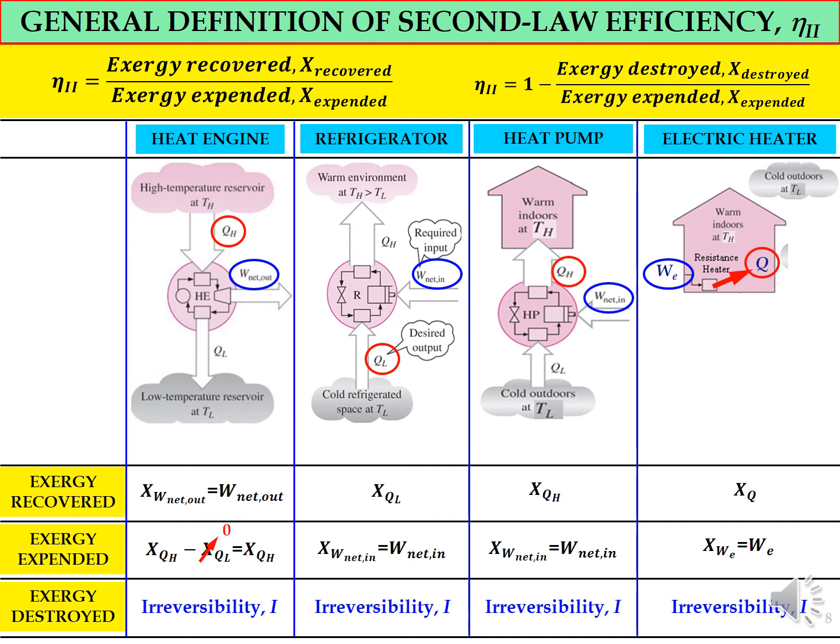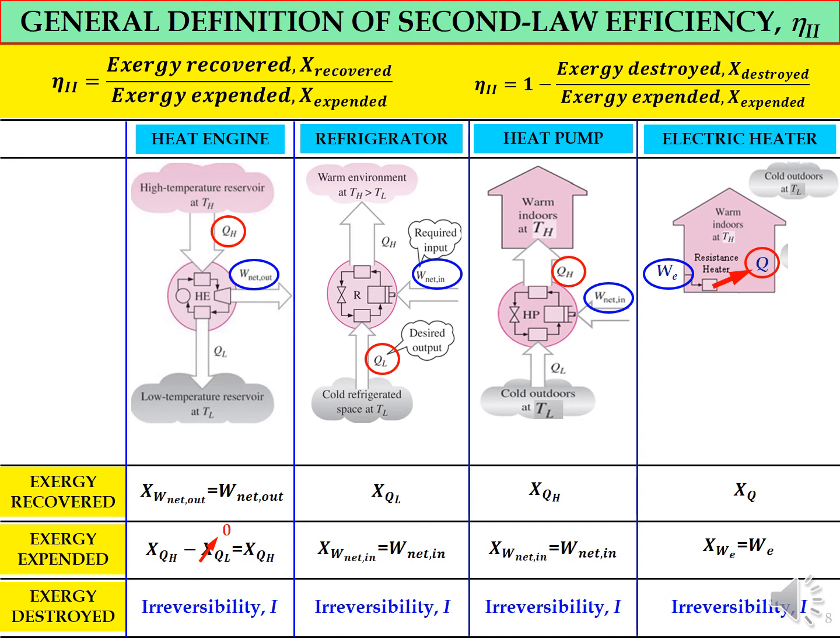Please keep this in mind. So which one is the exergy expended? For the heat engine, the exergy expended is the QH from the heat source, whereas for the refrigerator, the exergy expended is the work net in. And for the heat pump, same as the refrigerator, the exergy expended is the work net in.